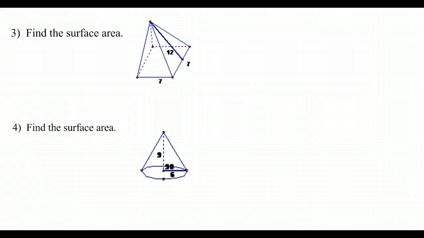Finding the surface area of this square pyramid. So for my square pyramid surface area again, this time I only have one base, plus I've got my lateral area. Now my base in this one, since that is a square, is the side squared, and my lateral area is 1/2 the perimeter times the slant height, or lateral height as it's sometimes called.